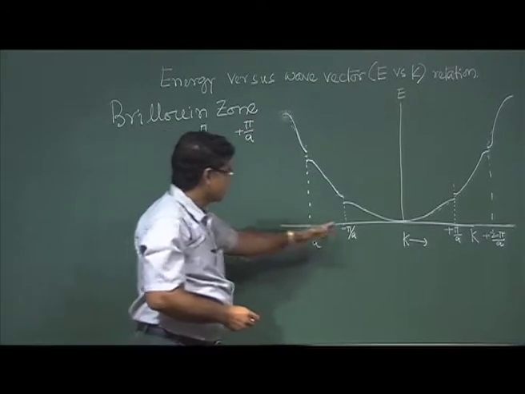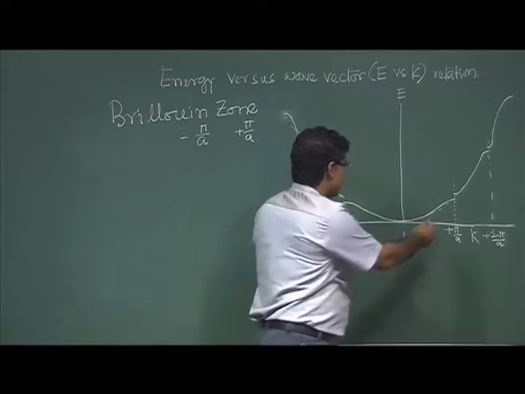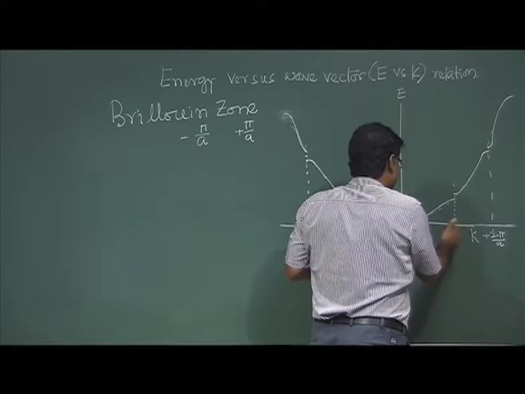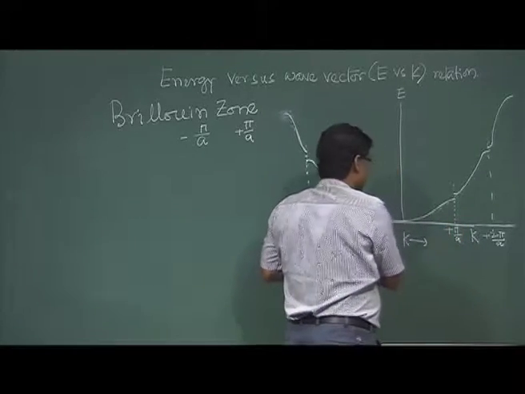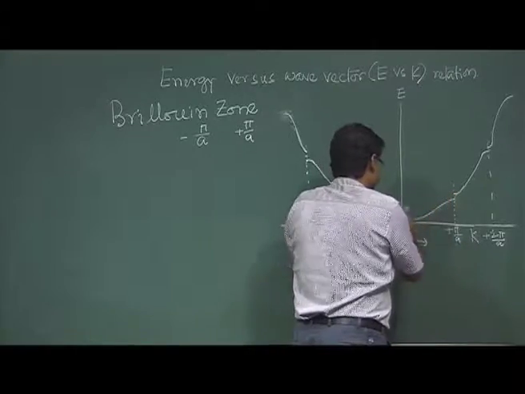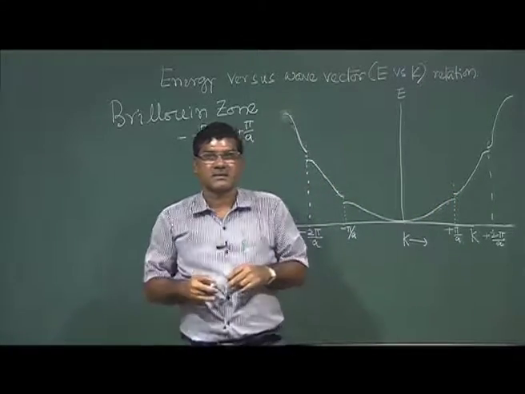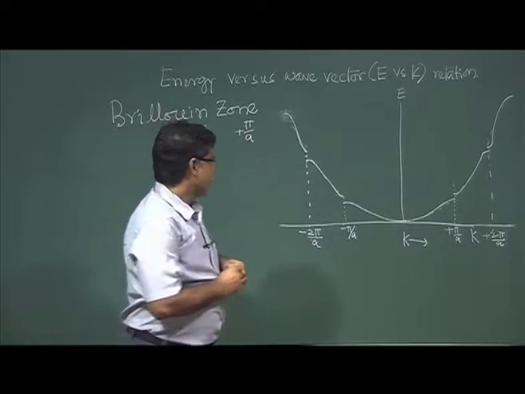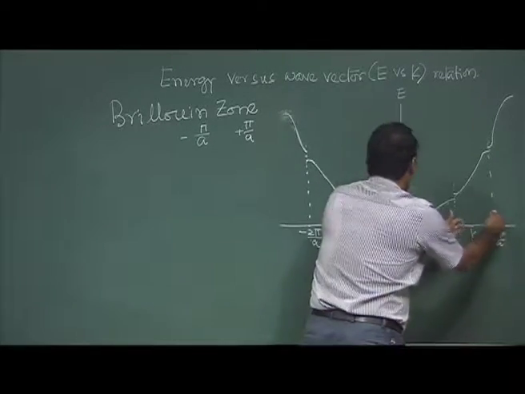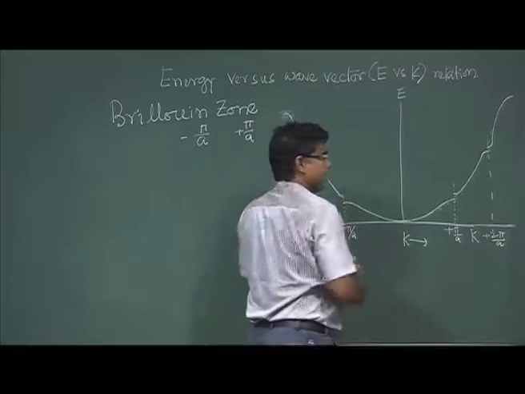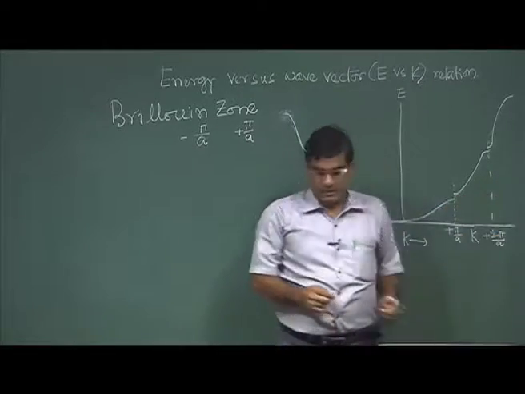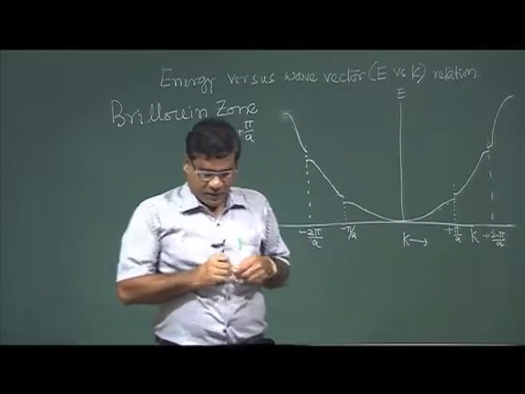So, here you see this k value, whatever we are getting between plus pi by a to minus pi by a, this k value we tell is the first Brillouin zone, and then this other part is the second Brillouin zone. Then the third Brillouin zone, etc. Okay.